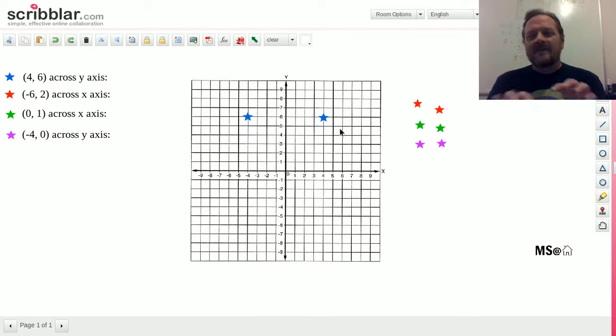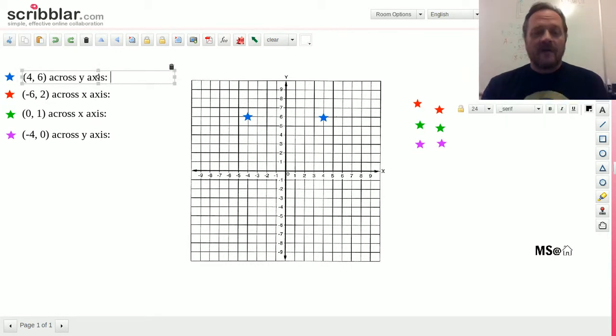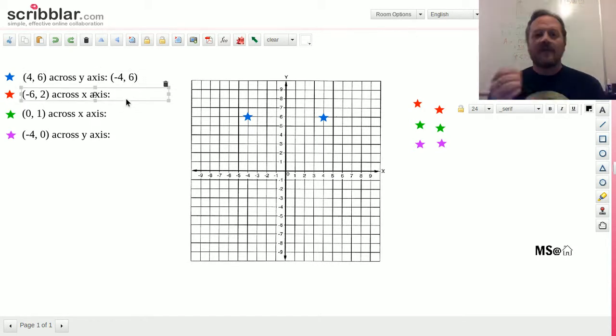So when we're trying to reflect something across an axis, we're basically saying two opposites of each other. So if I were to say, what is the new point once I've reflected 4, 6 across the y-axis? It is now negative 4, 6. Notice the only thing that's changed is the x value, okay? Because they're actually in the same position in terms of y.